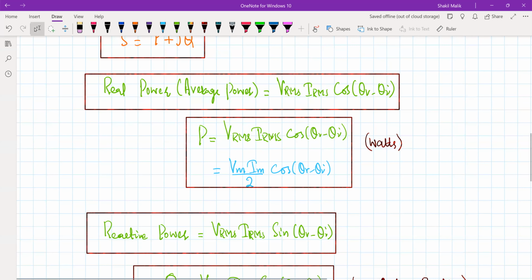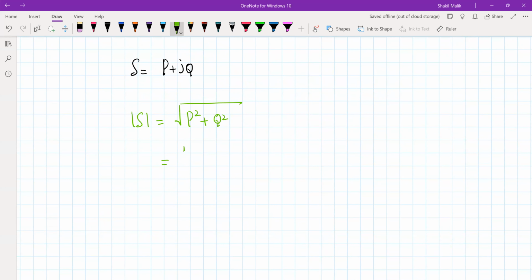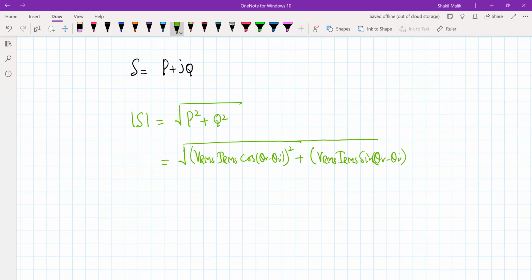If you take the square of P and Q, what will you get? You get simply VRMS IRMS cos of theta v minus theta i whole squared, this is the definition of P, plus Q, which is VRMS IRMS sine of theta v minus theta i whole squared.